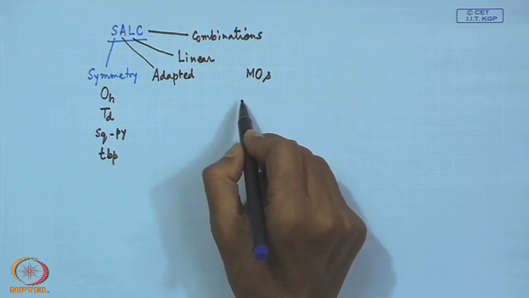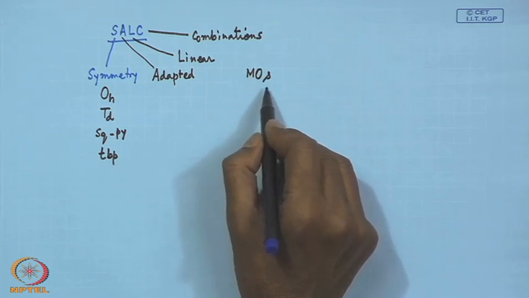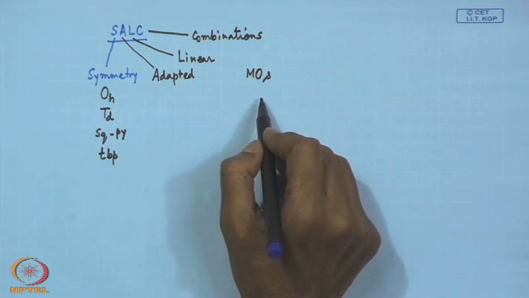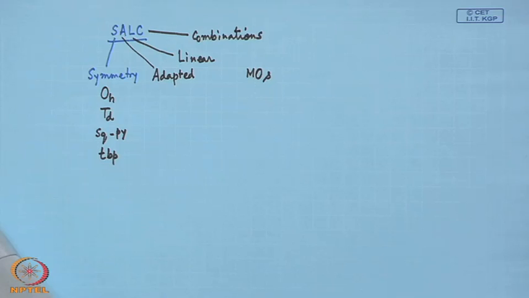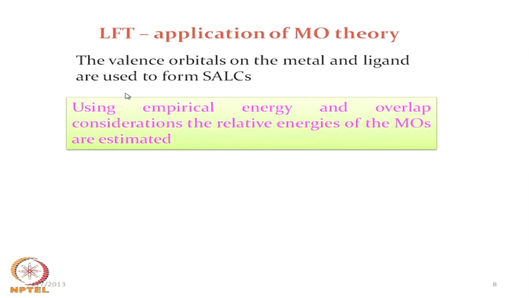These s, p and d orbitals can also form some amount of symmetry related molecular orbitals for good overlap with the ligand orbitals.